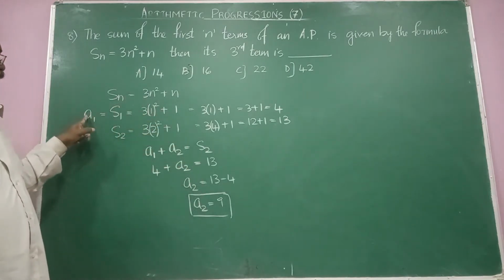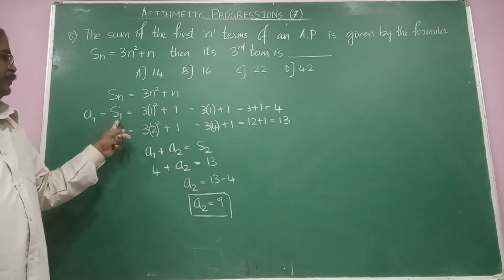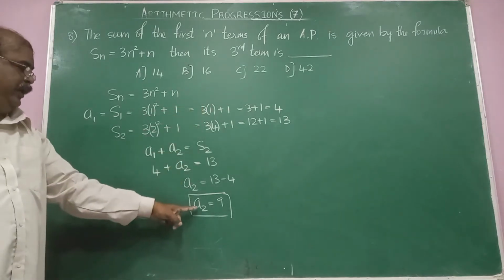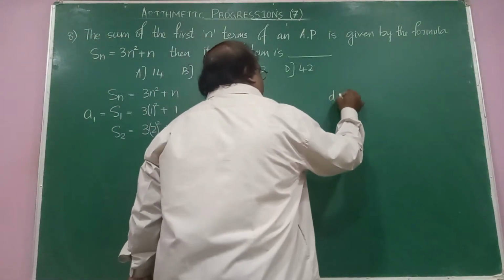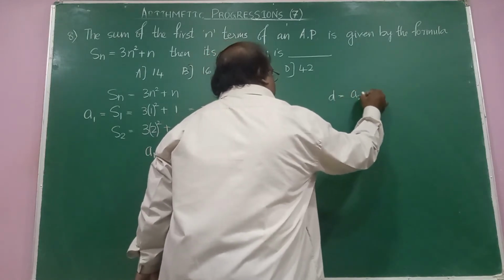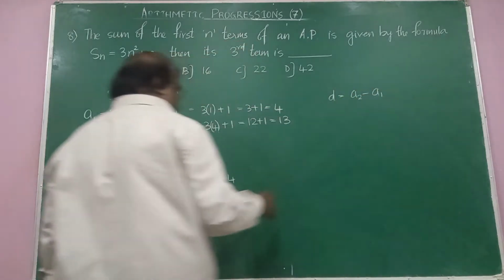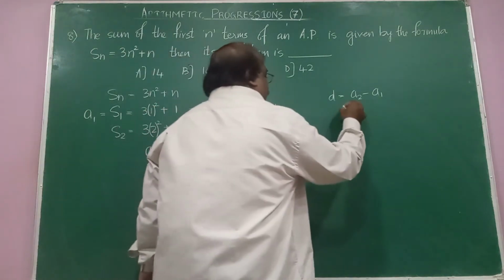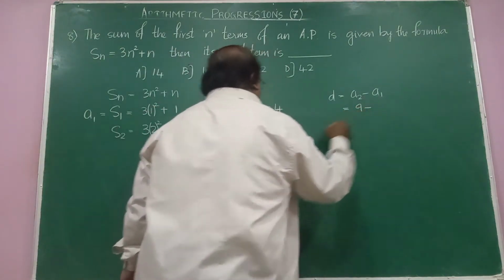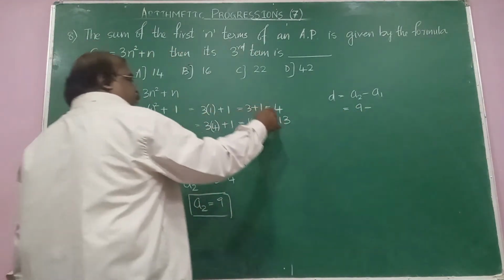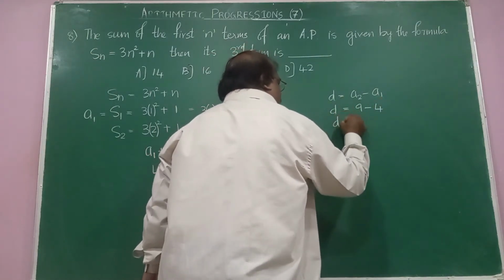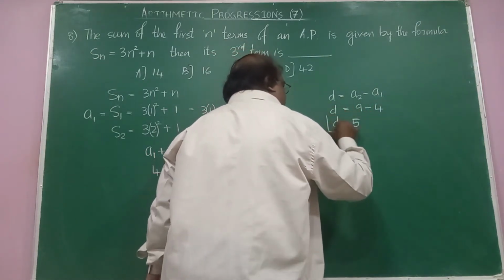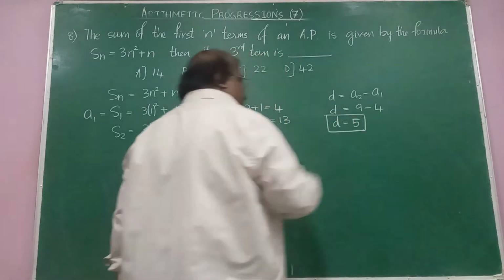A1 is 4. A2 is 9. So what would have been the common difference? A2 minus A1. What is A2? 9. What is A1? A1 and S1 is same. 9 minus 4 is 5. So I have found out the common difference is 5.